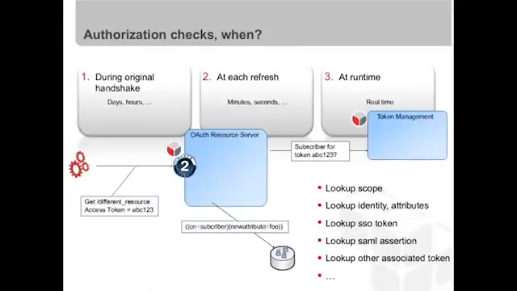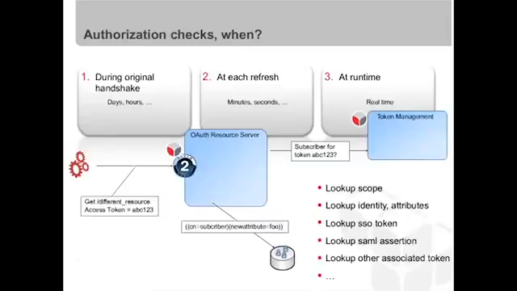So first of all, OAuth access tokens are ephemeral. They have a short lifespan, but they are meant to be refreshed so that you don't have to involve a user to re-handshake all the time, depending on which handshake type you're relying on. So if that's the case, the authorization check done during the initial handshake might be hours and days old.